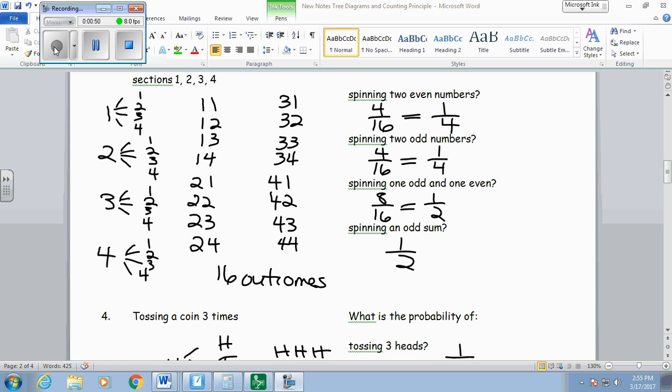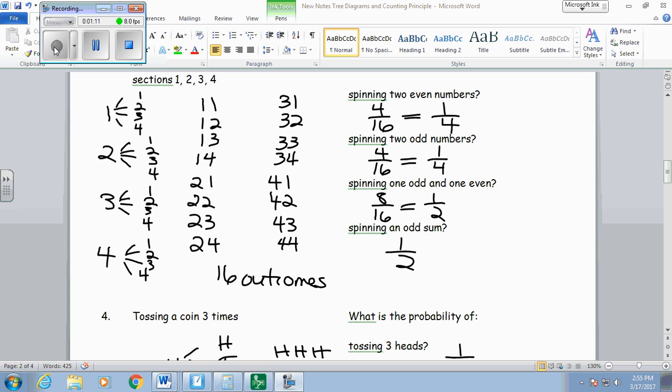So I went through and I actually just wrote the outcomes out so it'd be easier to figure out which one was 1 odd and 1 even, and I'm getting 1/2. And then spinning an odd sum, you would get an odd sum if you added up 1 odd and 1 even. So you pretty much just keep with the answer of 1/2.